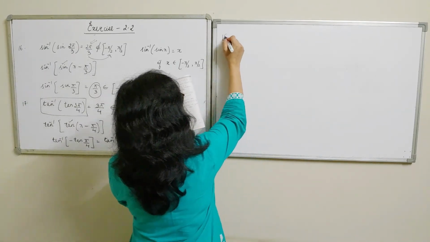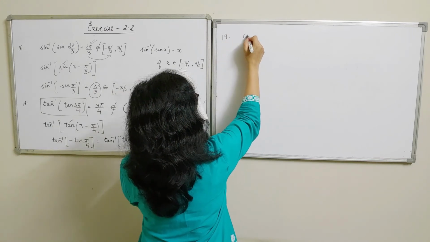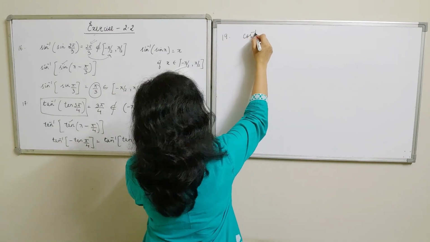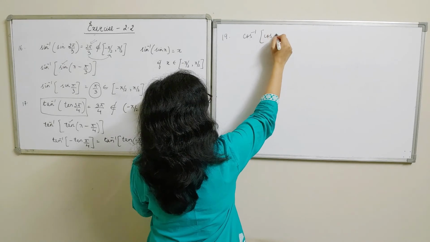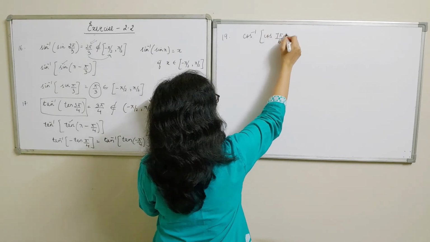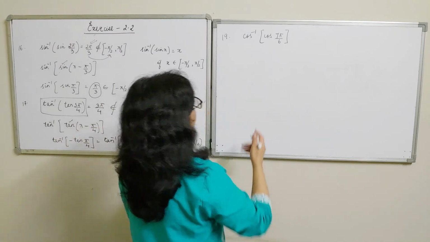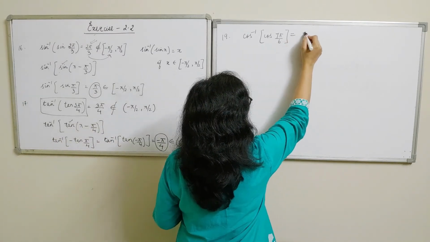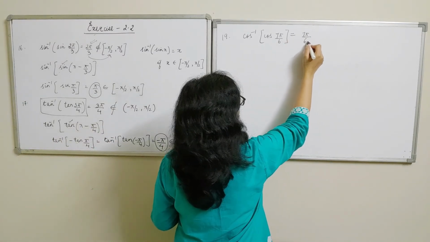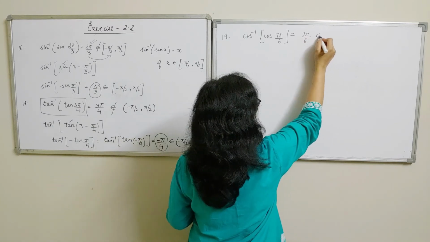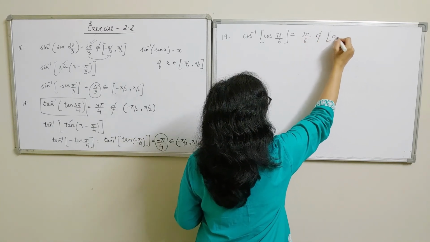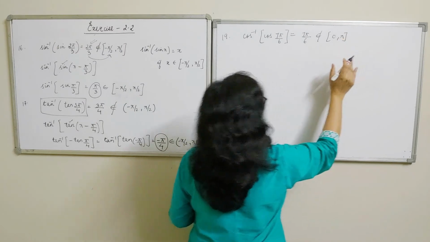Next we'll try question number 19. Value of cos inverse cos 7 pi by 6. So in this question, if you once again write it as 7 pi by 6, which is 210 degrees, this does not belong to the principal branch of the cos inverse function.